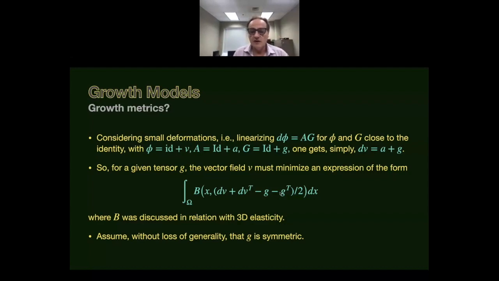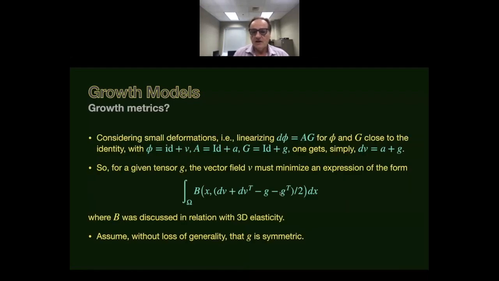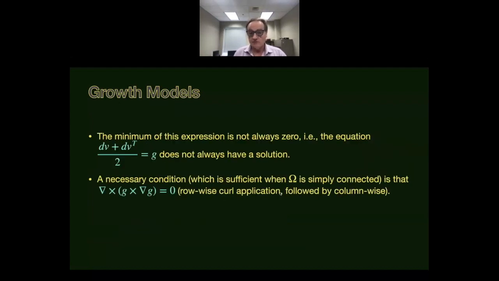And we're going to assume that G is symmetric, so that we will just have minus G. And so in this expression, we are first going to try to minimize this term with respect to both dV and G. This, in general, is not trivial.